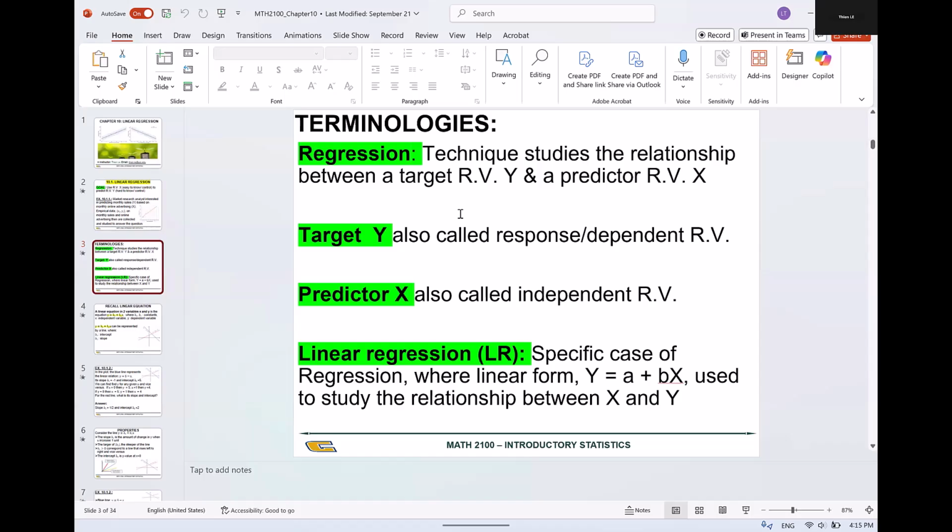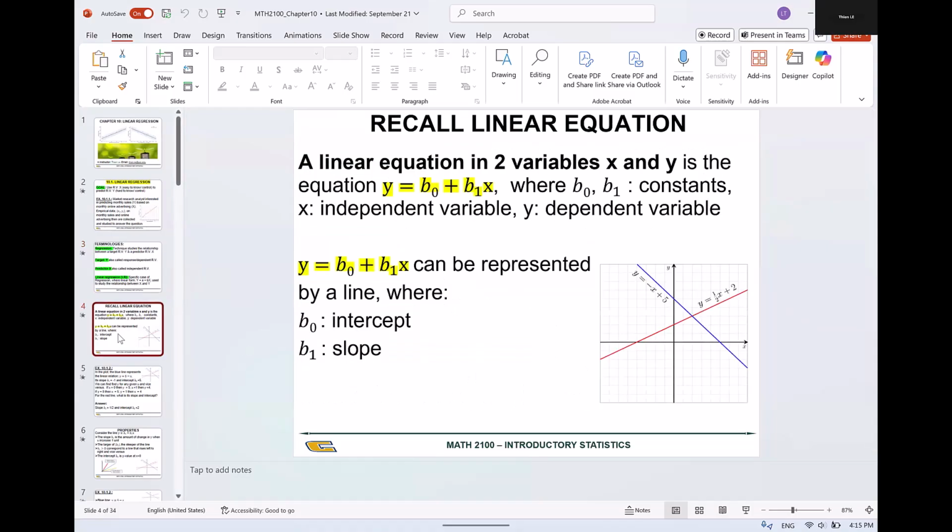Linear regression is just a special case of regression, where we use the simplest form, y equals a plus bx, to study the relationship between x and y. We can have more complicated forms, but for our level, we just look at this very basic form, a linear line, to understand the relationship between x and y.